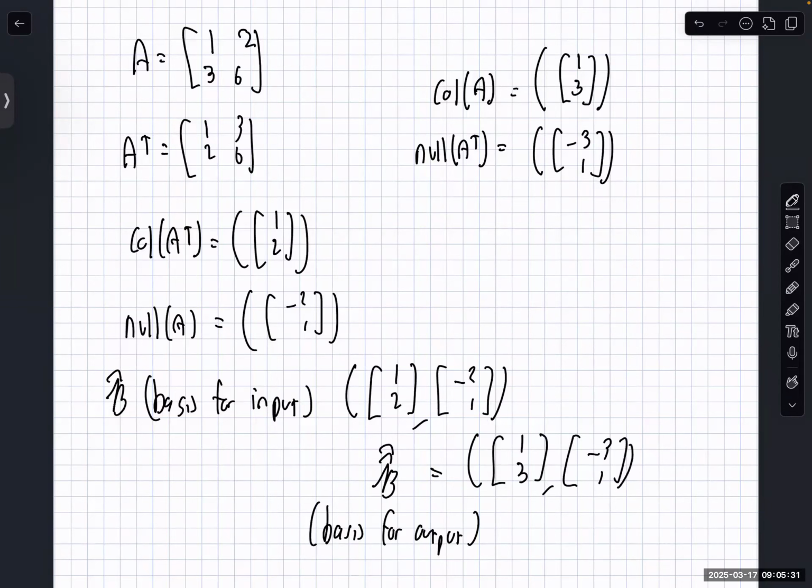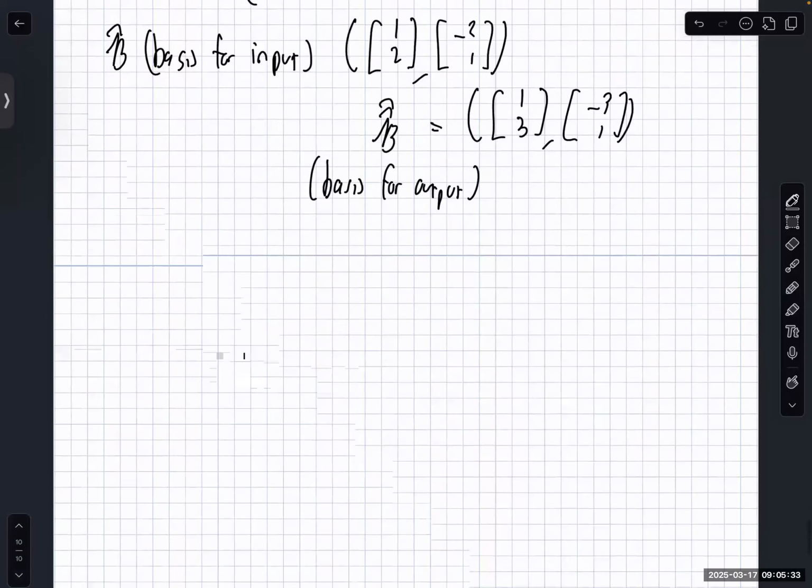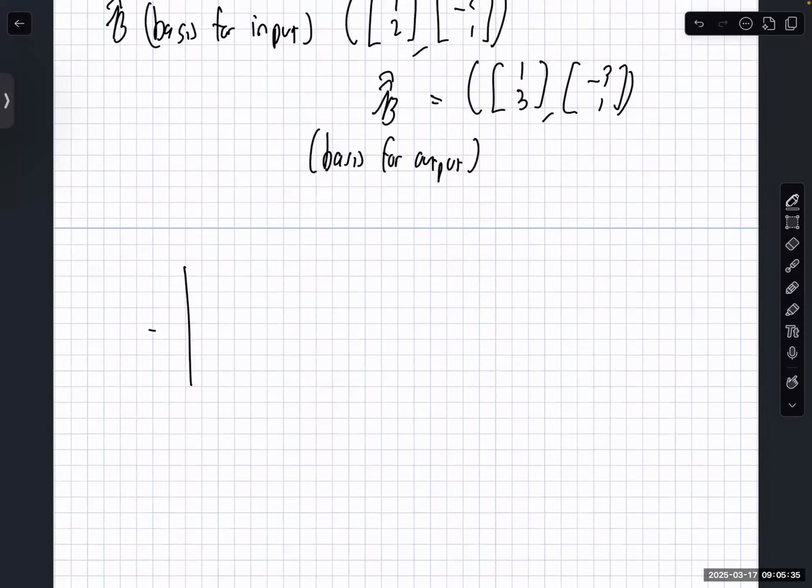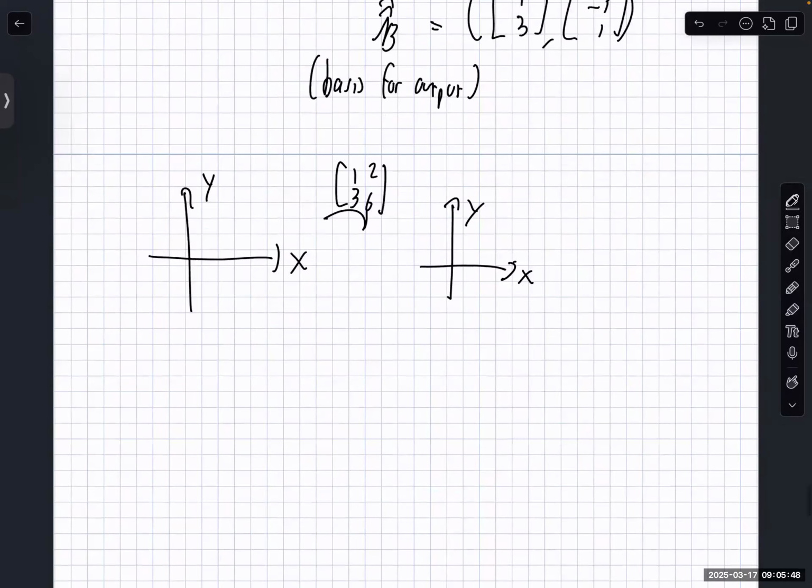We're going to combine these. Okay, so the picture is, when we're going from standard input to standard output, we use the matrix 1, 2, 3, 6.